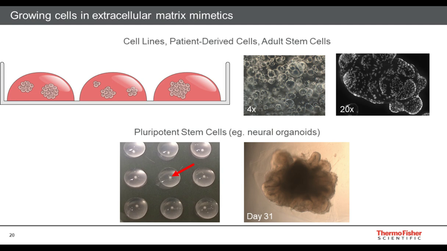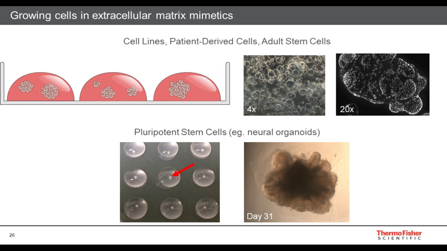At a certain time point, we have to work very quickly and, keeping the temperature sensitivity of the material in mind, try to dispense or deposit spheroids inside of droplets and position them so that when the gel polymerizes, they're fully encased, so that they can then go on to grow into whatever model system you're looking at.